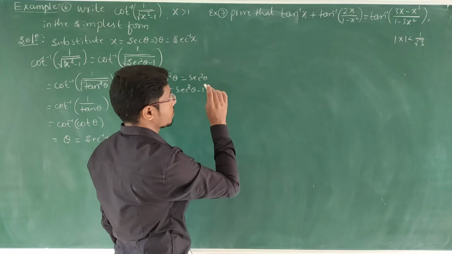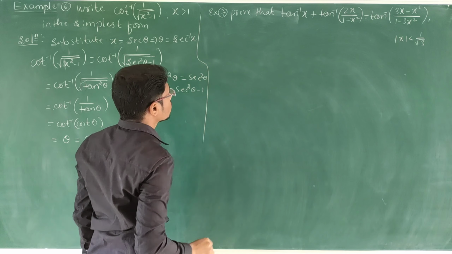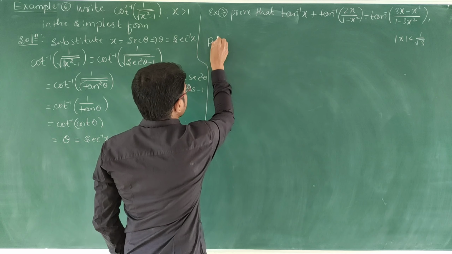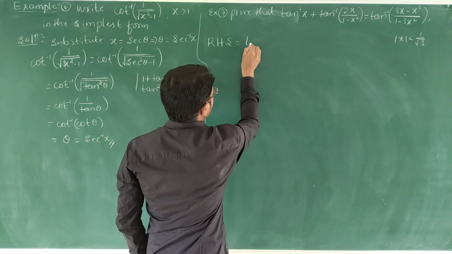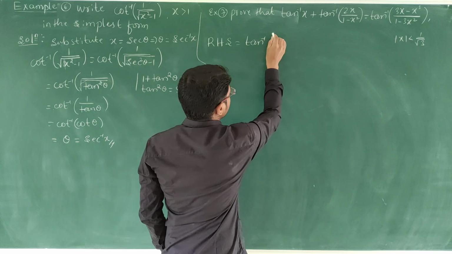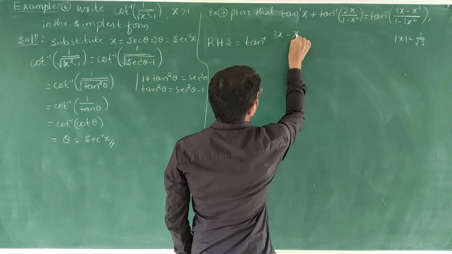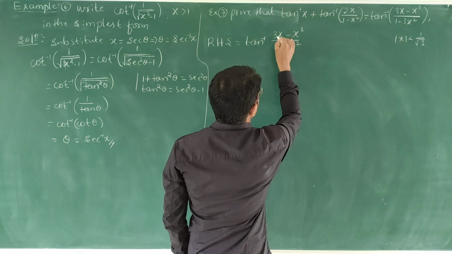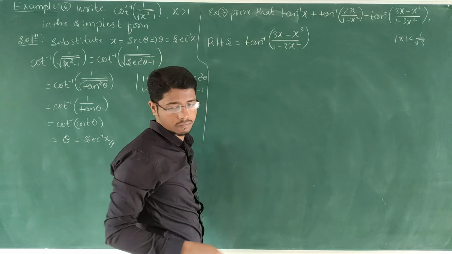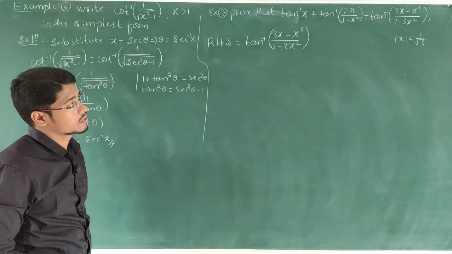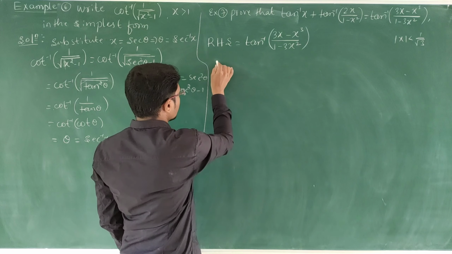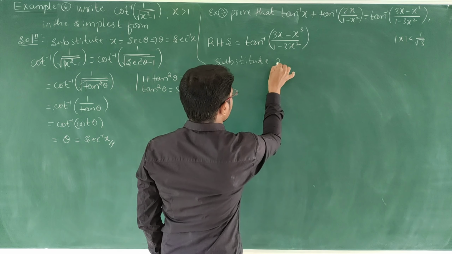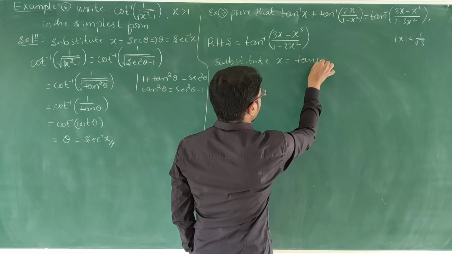Next, prove that. Okay, we have to prove this. For this I will take RHS. RHS is equal to tan inverse of 3x minus x cube divided by 1 minus 3x square. For this substitute x equal to tan theta.